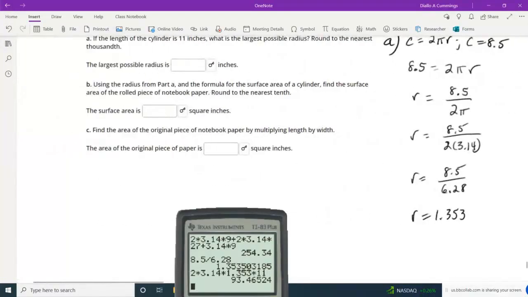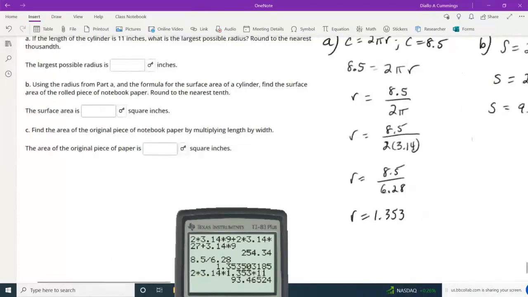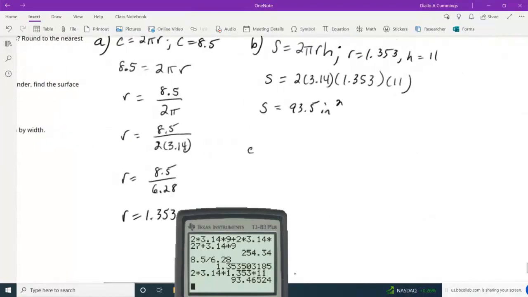And then the last part says find the area of the original piece of notebook paper by multiplying the length and the width. So C, the area is equal to the length times the width. So the length is 11, the width is 8.5. And I should get the same thing as I got for the surface area, that 93.5, right?